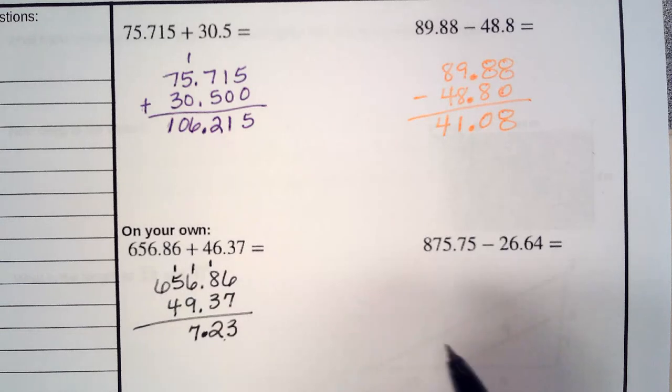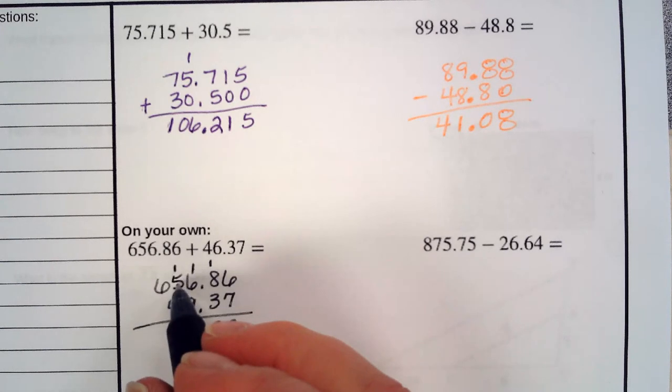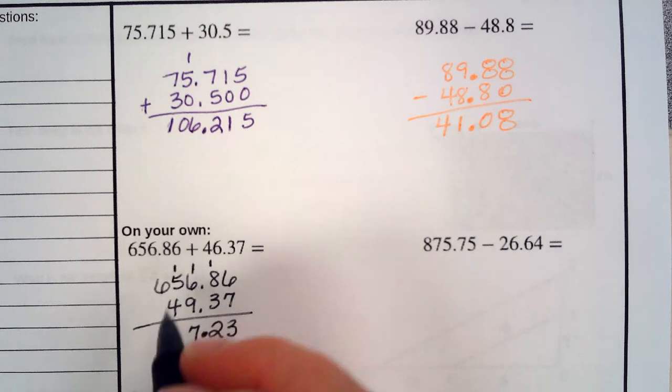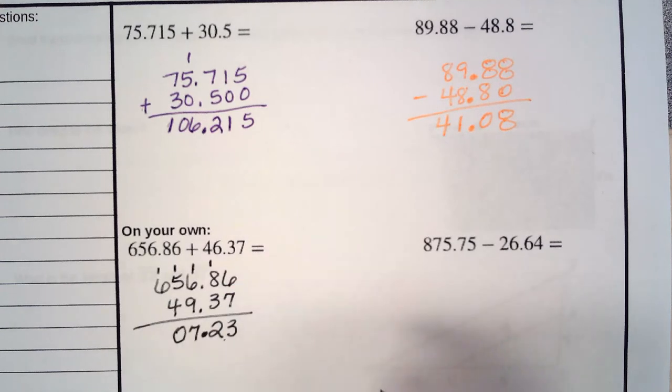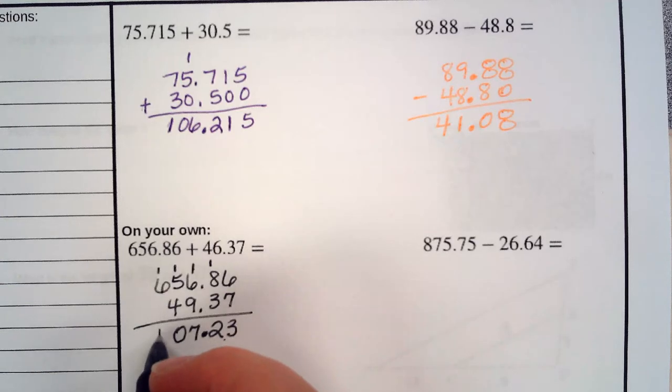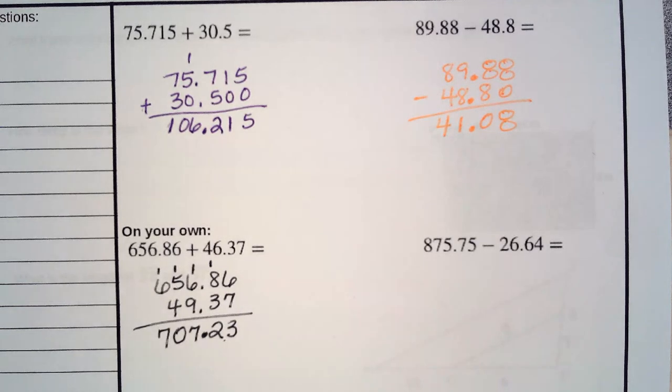Carry the 1. 1 plus 5 is 6. 6 plus 4 is 10. Put the 0 down, carry your 1. 6 plus 1 is 7. So this is a 707. Yeah, like the airplane. 707.23. 707 and 23/100ths.